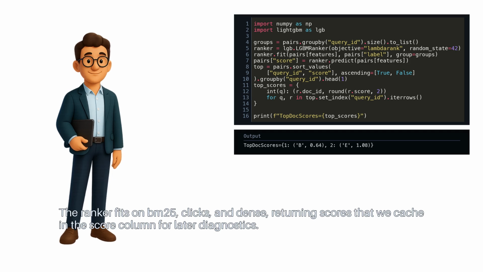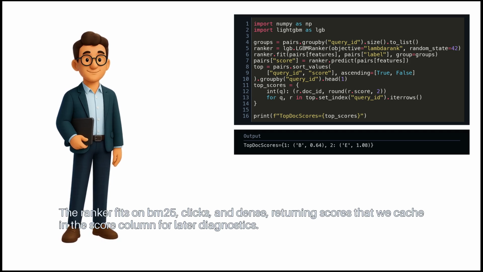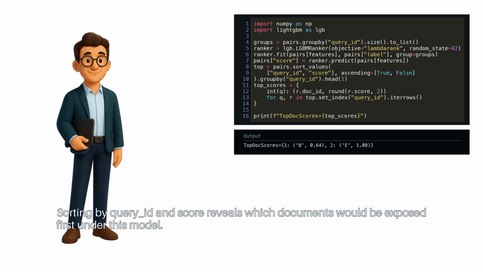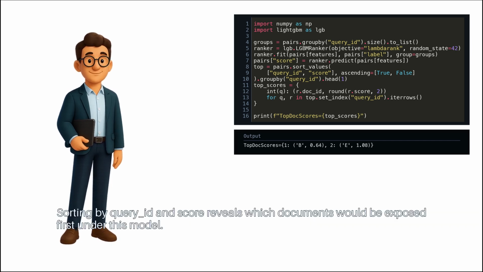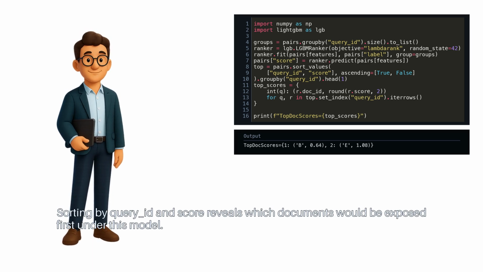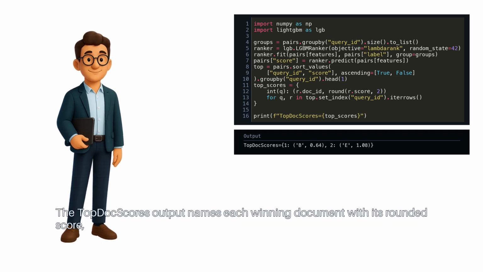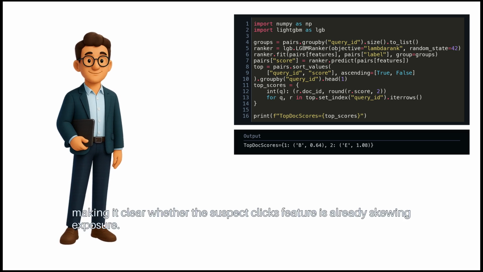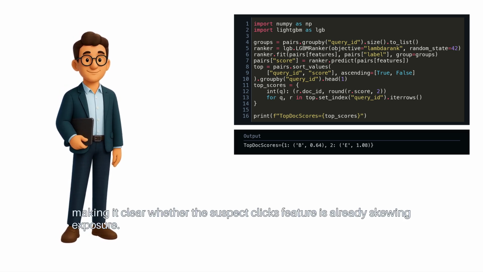The ranker fits on BM25, clicks and dense, returning scores that we cache in the score column for later diagnostics. Sorting by query ID and score reveals which documents would be exposed first under this model. The top doc scores output names each winning document with its rounded score, making it clear whether the suspect clicks feature is already skewing exposure.